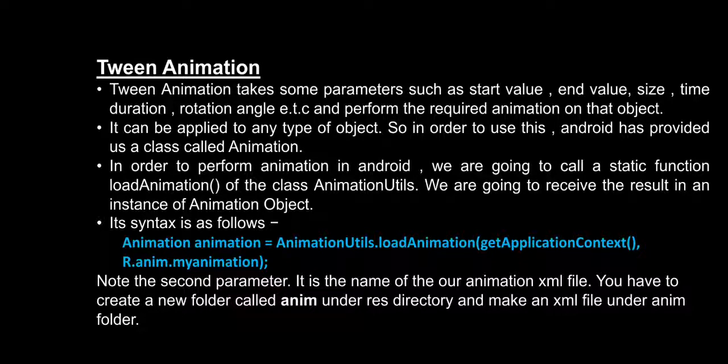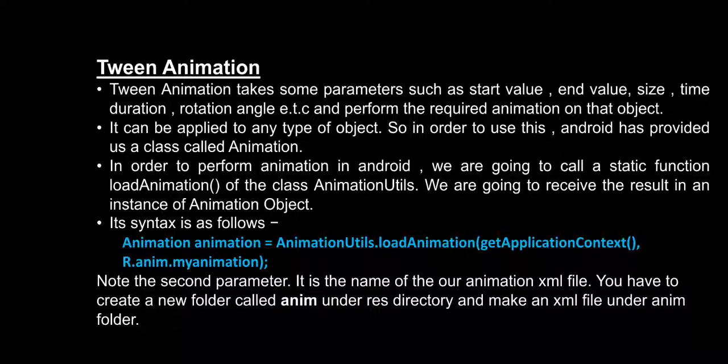In order to perform animation in Android, we are going to call a static function, loadAnimation, of the class AnimationUtils. We are going to receive the result in an instance of the Animation object, that is: Animation animation = AnimationUtils.loadAnimation(getApplicationContext(), R.anim.my_animation).